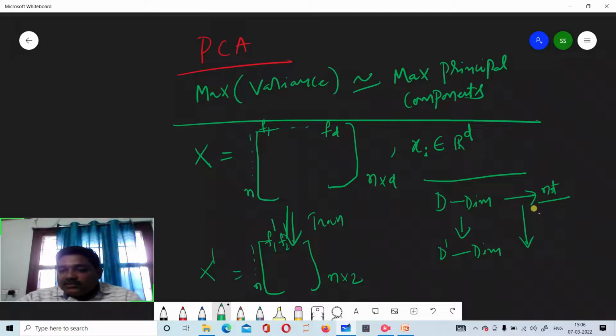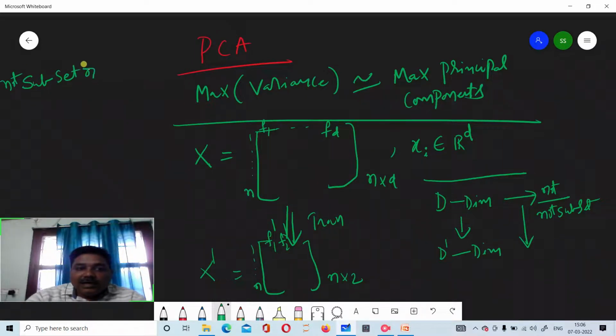That is not possible. Why? Because it is not a subset of the data. We cannot use a subset of D. It is a very simple thing: we cannot use a subset of D.